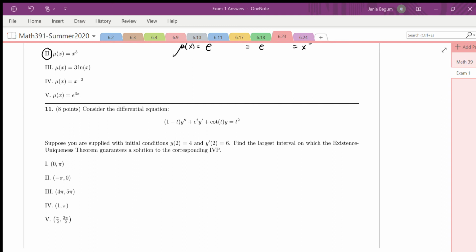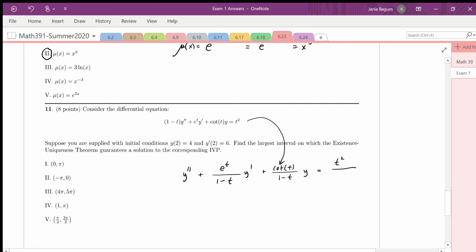So for question 11, you have to determine what is the domain of p of t, q of t, and g of t. So you want to put this in standard form. So we have y double prime plus e to the t over 1 minus t, y prime plus cotangent of t over 1 minus t times y is equal to t squared over 1 minus t.